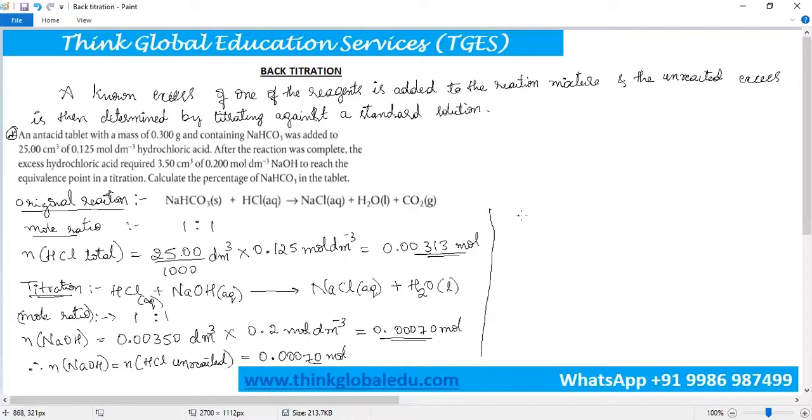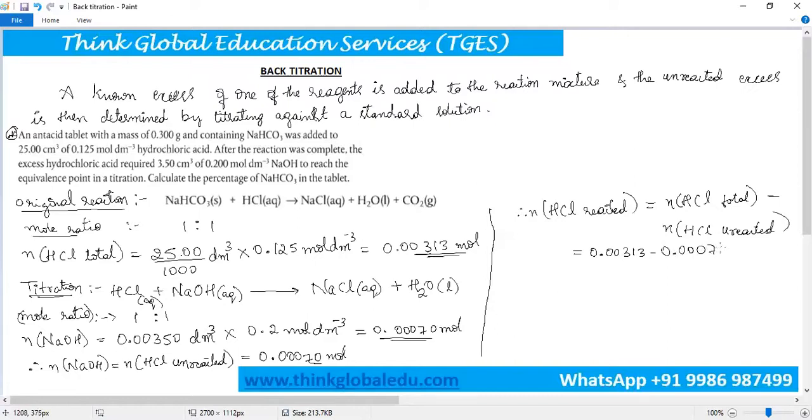Therefore, we can determine the number of moles of HCl reacted for the neutralization reaction by subtracting the number of moles of HCl unreacted from the total number of moles of HCl, which will be 0.00313 minus 0.00070, equal to 0.00243 moles.